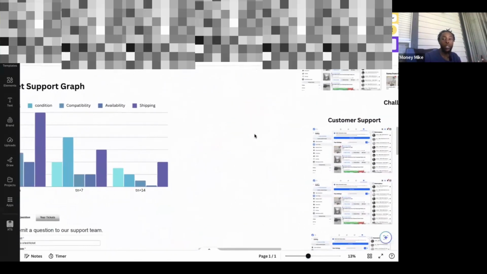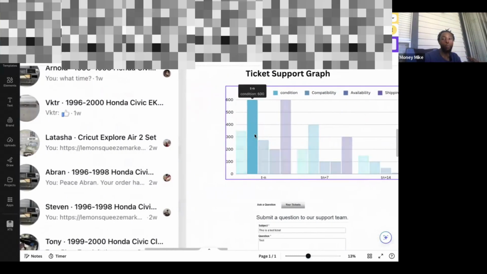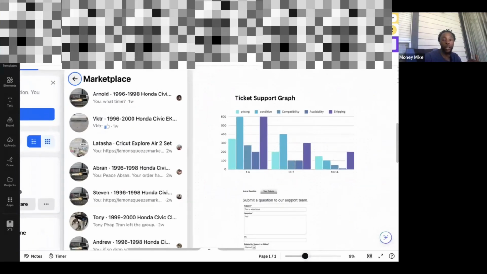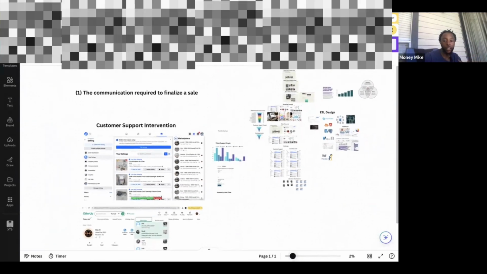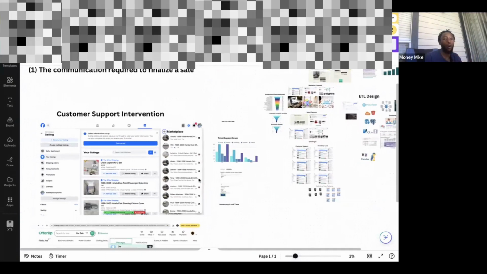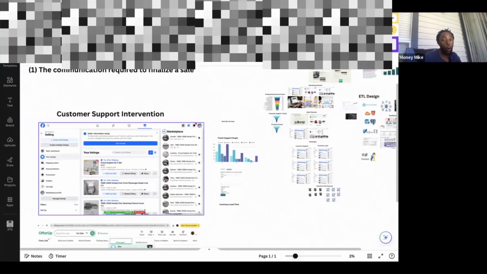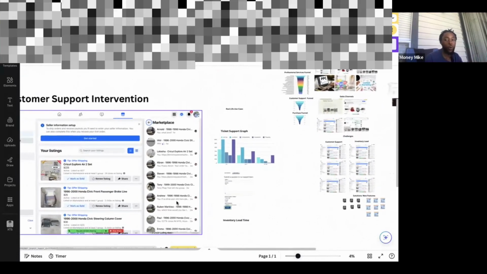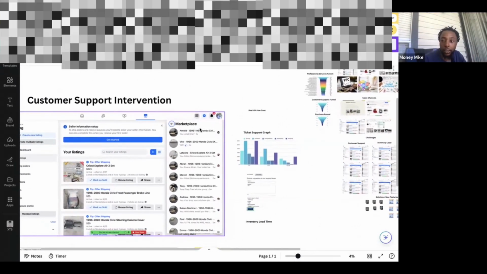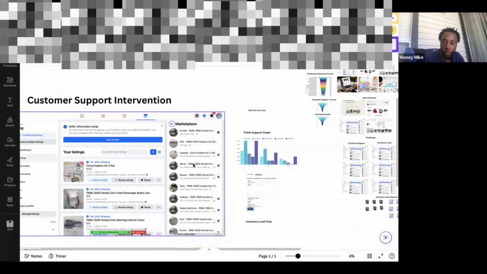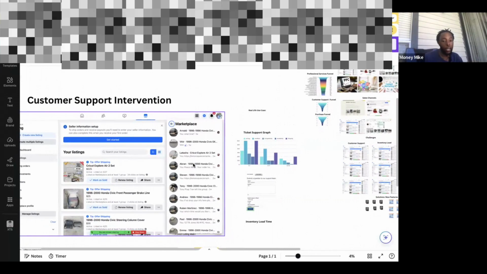What they notice is that while posting to multiple marketing channels is increasing their sales, it's also increasing the amount of customer support that's required, right? In this screenshot, for those looking at my screen, this is just the sheer number of messages, and this is just from one account.